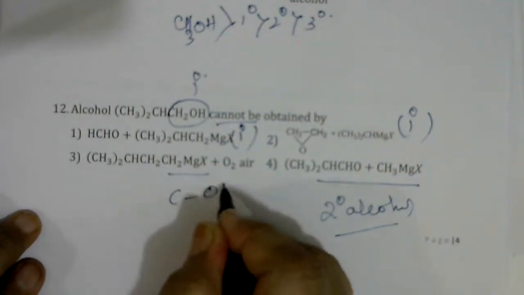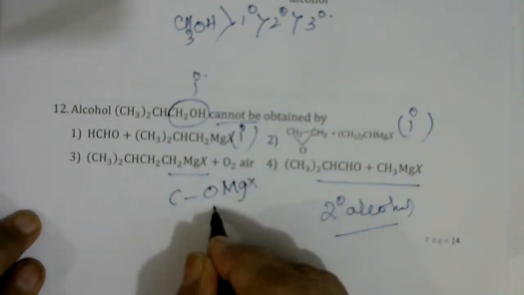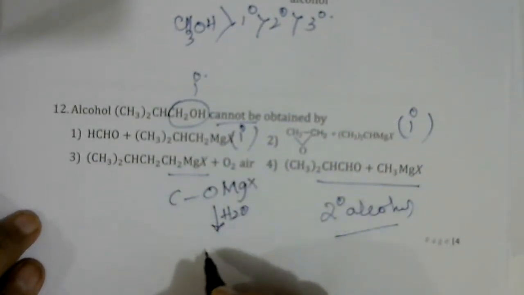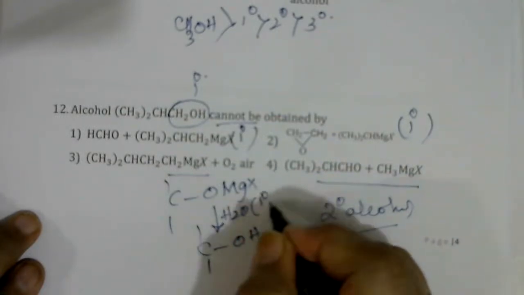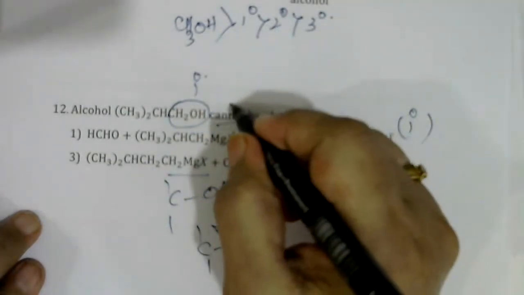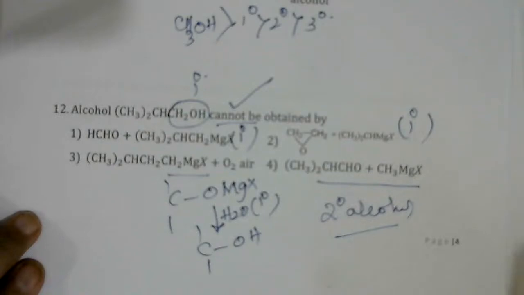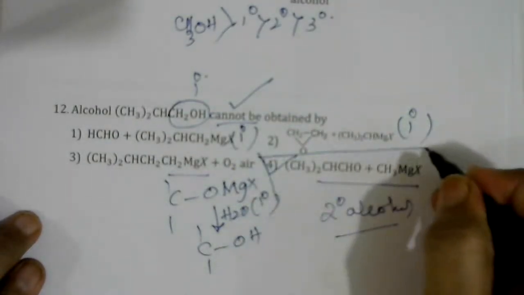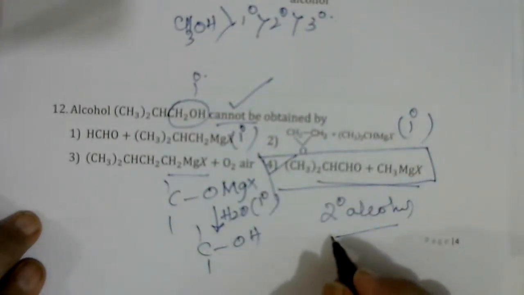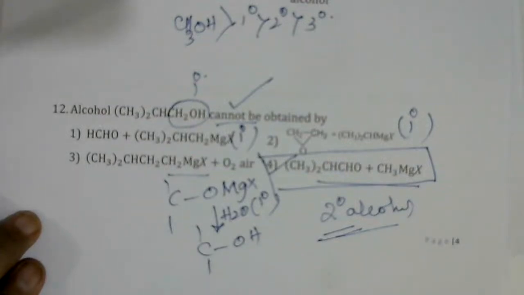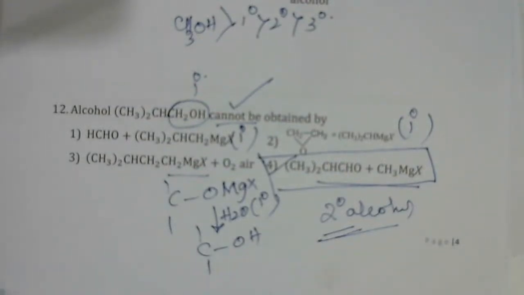This COMgX on further hydrolysis is converted into COH, and already it has 2 hydrogen atoms, so this is also primary. But they are asking which cannot be prepared. Therefore the answer is the fourth option. Why the fourth option? Because the fourth option is suitable to prepare secondary alcohol.